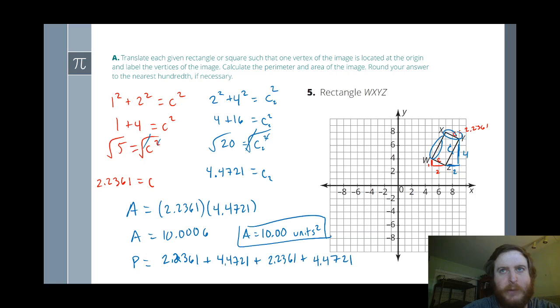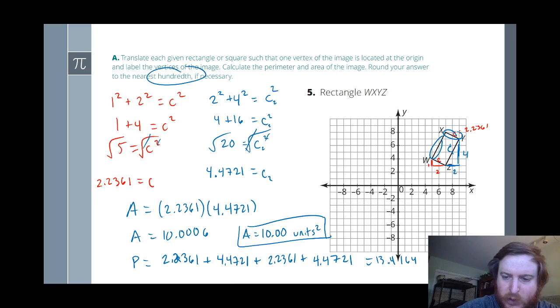So again, you'll just type this into a calculator, and you should get 13.4164. And since we're allowed to round this to the nearest hundredth, that's 2 decimals, we'll round that to 13.42. Right, the 6 rounds up, so 13.42 units. So a little bit harder than the last example, but definitely doable.